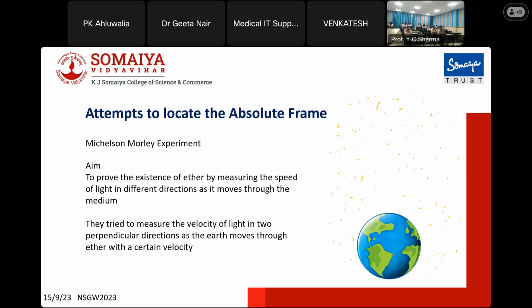So imagine you have earth and a person standing on this earth. He sends out two perpendicular waves. Now this entire thing is moving through the ether. Say that the ether is moving towards the right, with the earth moving through the ether with a velocity v.